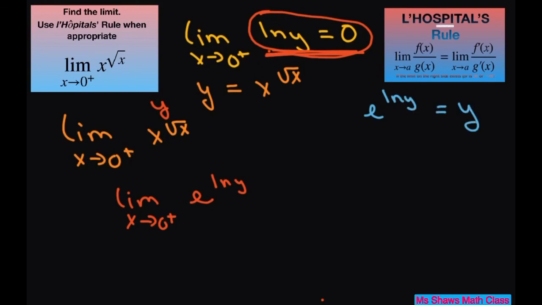If I write it this way, and I already know the answer to ln of y, I can finally evaluate this and write this as e to the 0 power, because ln of y equals 0, and this equals 1. So that is your limit and the answer to the question.